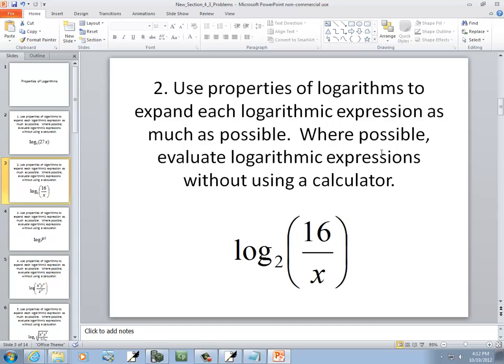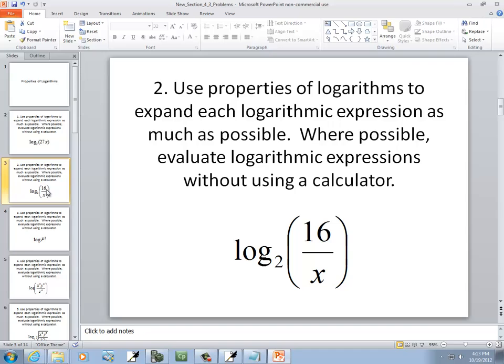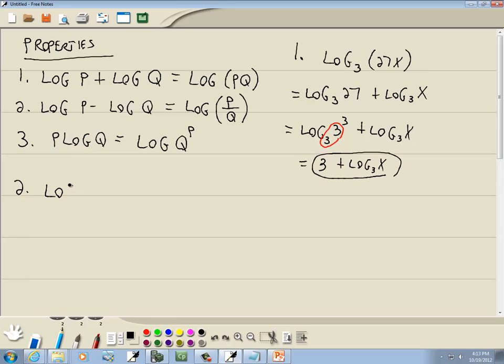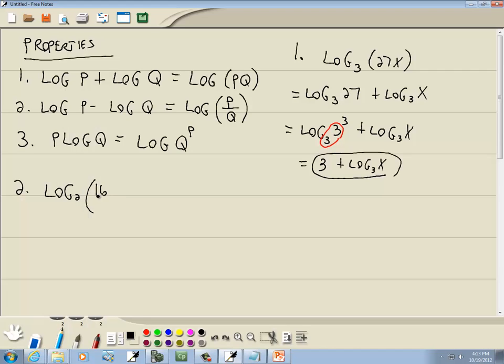Let's look at this one. We've got log base 2 of 16 over x. The main thing happening in this problem is division, and division from property 2 we can rewrite as subtraction.